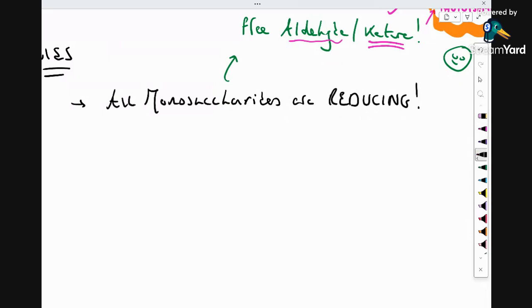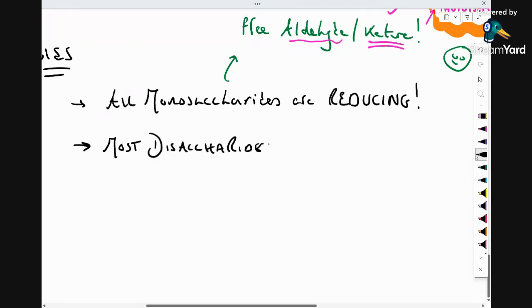Right, moving on. The other one is that all disaccharides, actually, I'm not going to say all, most disaccharides that we come across are reducing.